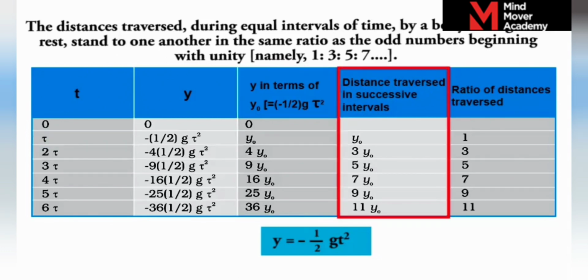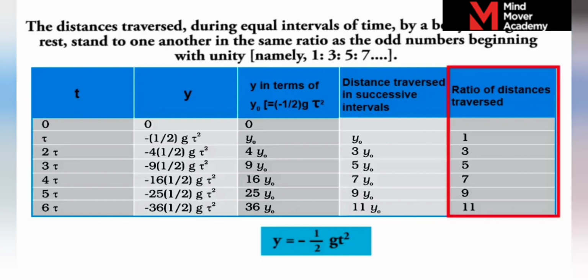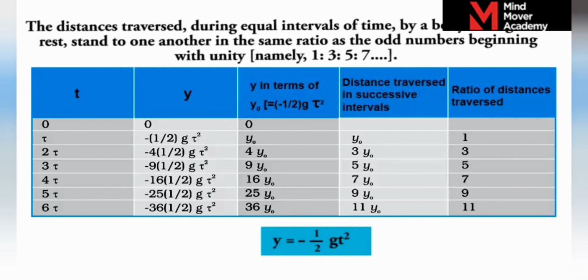The fourth column gives the distances traversed in successive taus. We find that the distances are in the simple ratio 1 : 3 : 5 : 7 : 9 : 11 as shown in the last column.